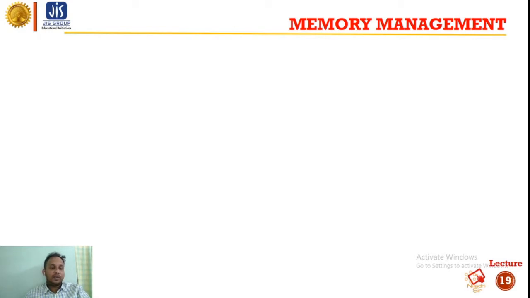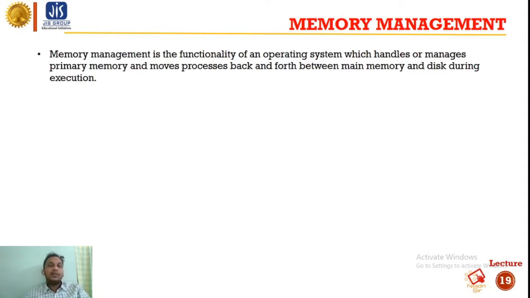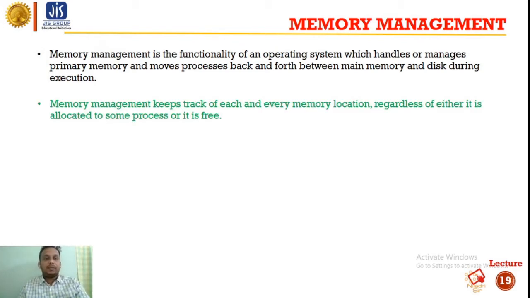It also helps the OS to keep track of every memory location, irrespective of whether it is allocated to some process or it remains free. So, memory management is the functionality of an operating system which manages primary memory and moves processes back and forth between main memory and disk during execution.